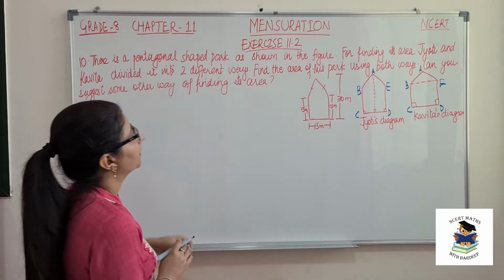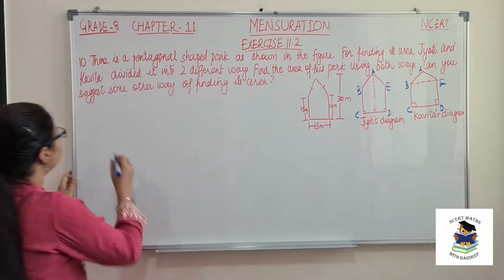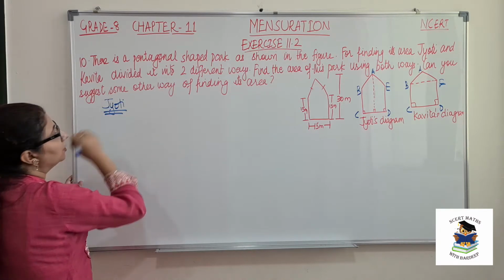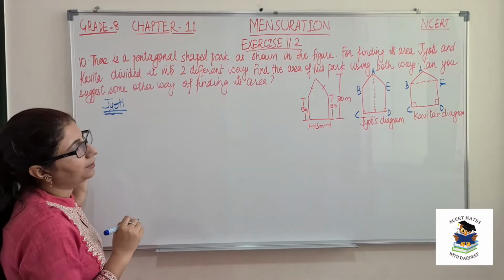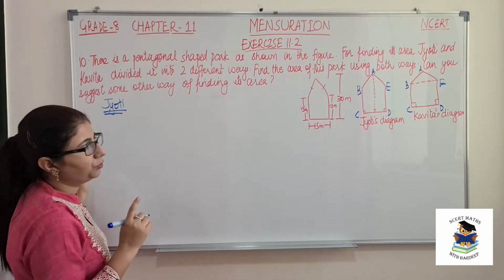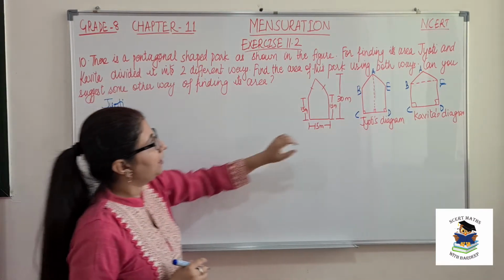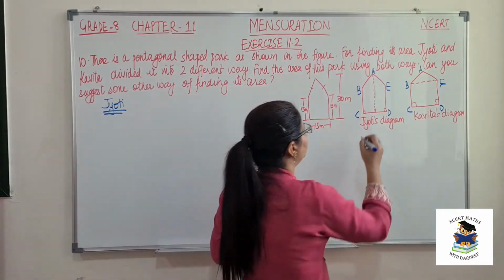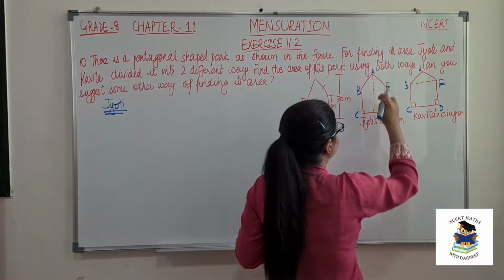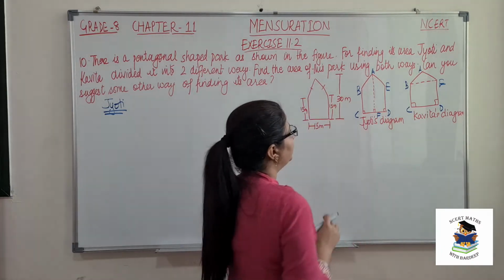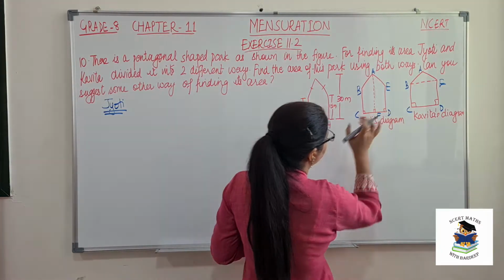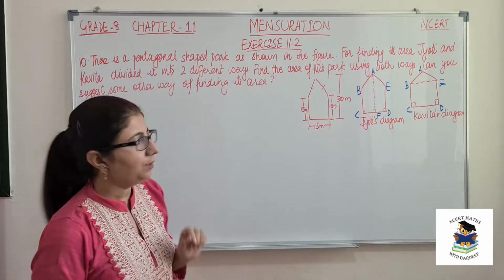So let's see. First is Jyoti's case. So I will write here Jyoti. Jyoti has divided this pentagonal park into two trapeziums. So here we can see that this BC is 15. Let's also name this point as F. This AF is this full 30. And this CD is 15. So when it is divided into half, it will be 15 by 2.